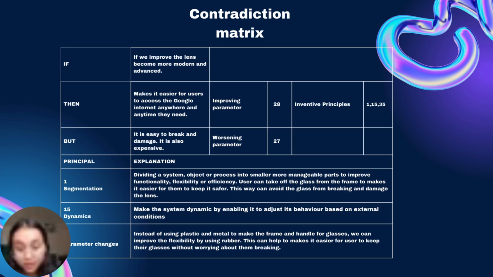There is parameter change, which is instead of using plastic and metal to make the frame of the spec of the glass, we can improve it by using the rubber to make it more flexible for the user. This can help user to keep the glass more easily without them worrying about it breaking easily.